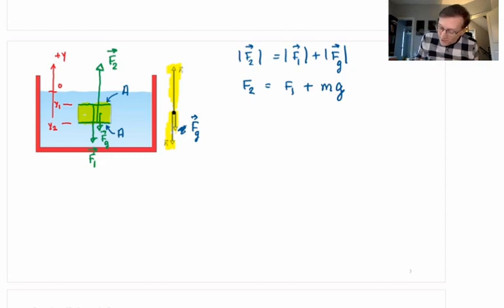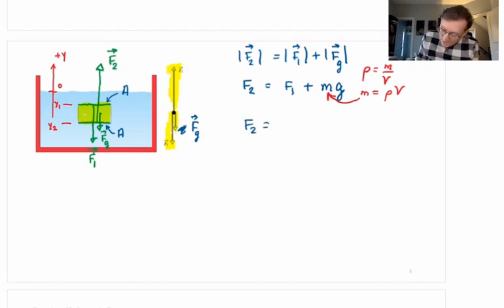Well, the next idea to use is that density, that's a rho, not a p, is the mass of a sample over its volume in a uniform material. And I can rearrange that as mass equals density times volume.